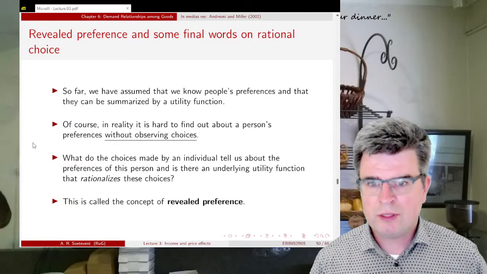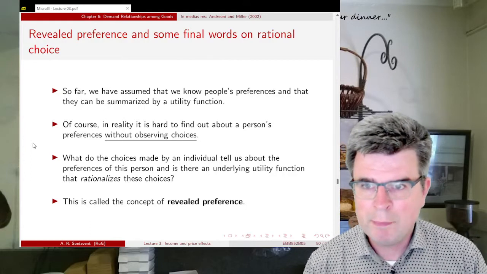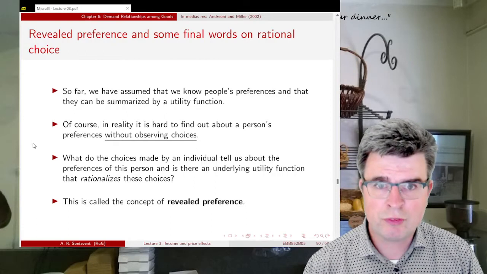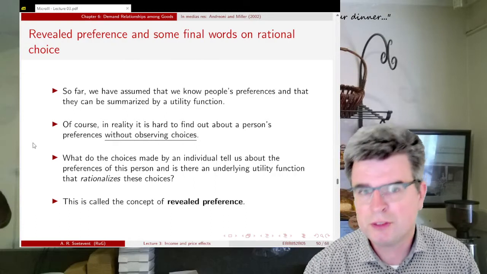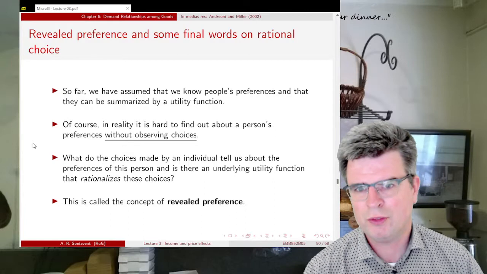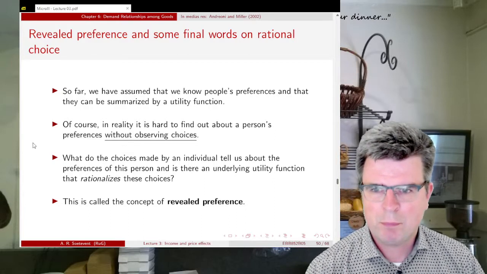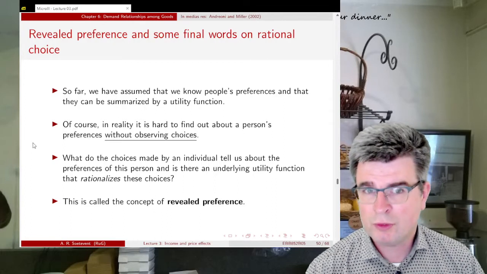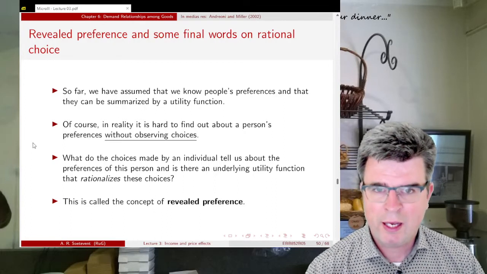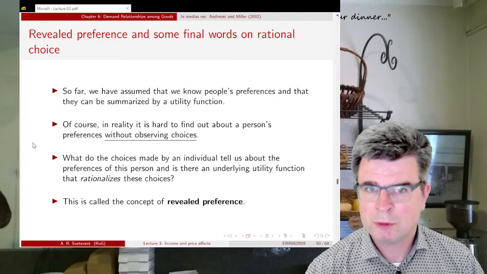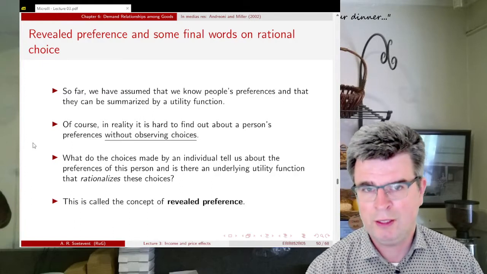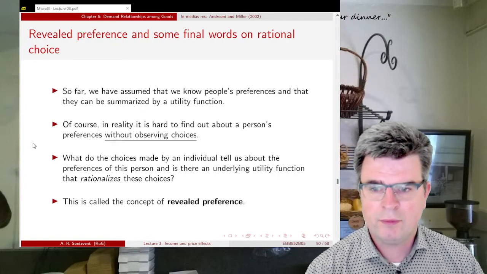So we conclude this lecture with an empirical paper. So far, we have assumed that we know people's preferences, we just know their utility function, but in practice, this is often not the case. So utility functions are not visible, and we need to distill people's preferences from their choices, because what people choose in a choice setting, that's the thing that we observe.